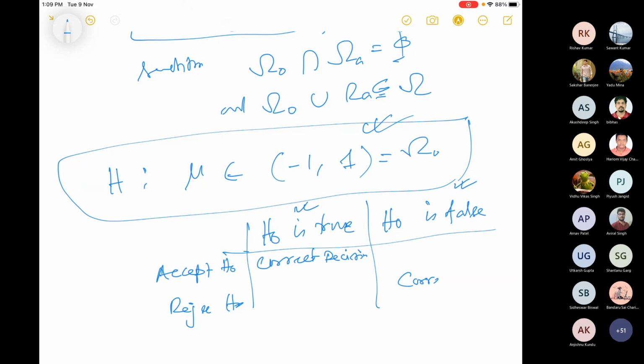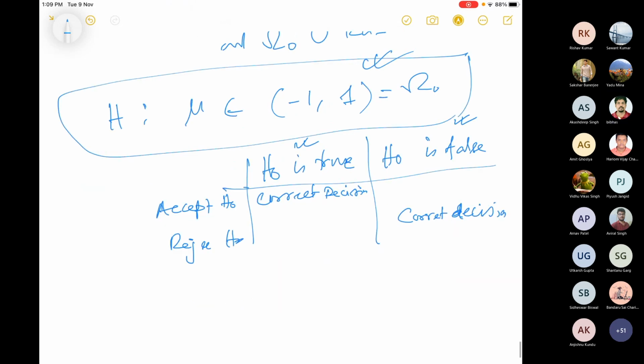But here there is a catch: your hypothesis is true, but because of the method you have employed, you got something and you rejected H0. That means there is an error in your method, in your testing. This is called type 1 error.